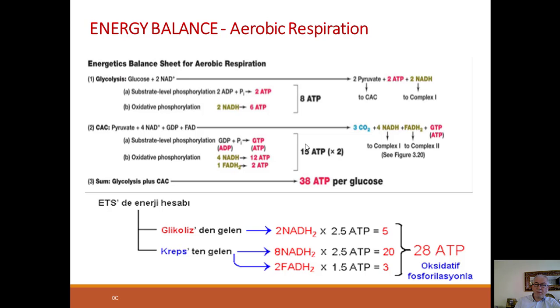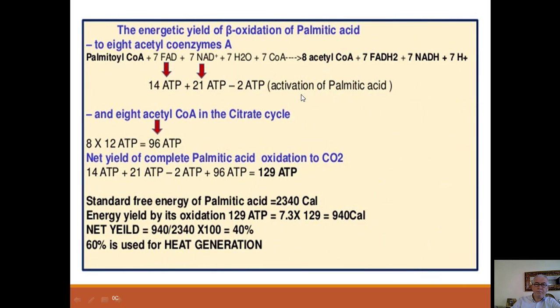But generally we accept that 1 NADH molecule produces 3 ATP, and 1 FADH2, after its electrons enter the electron transport chain and oxidative phosphorylation, produces 2 ATP.